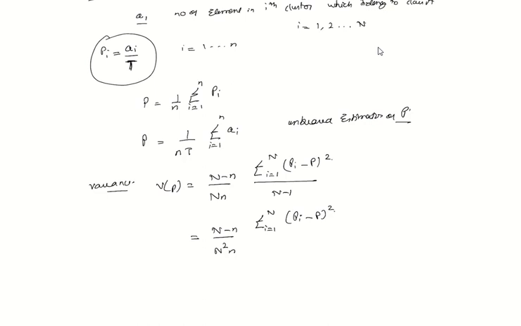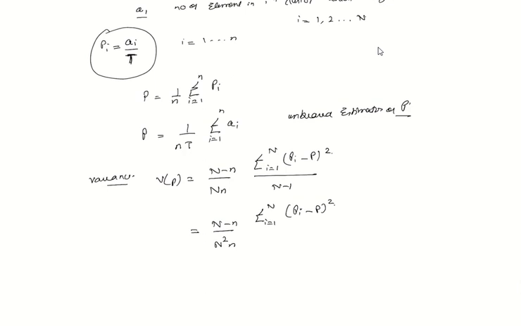So this is the variance, and we are calculating the pi's minus p. For large n we can simplify this.